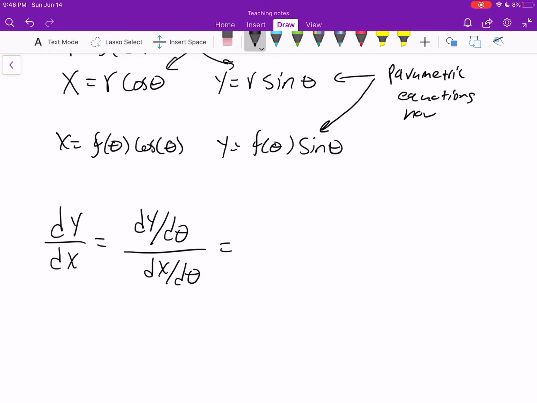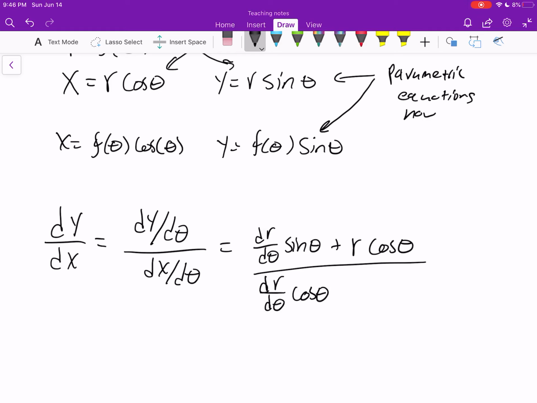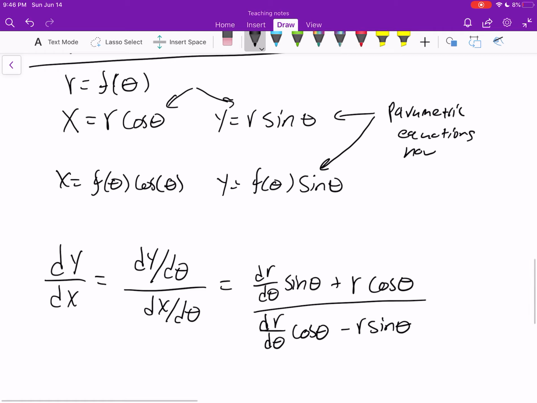So dy d theta is going to be dr d theta times sine theta plus r times cosine theta. Same thing on the bottom. x is equal to r cosine theta, so we're going to get dr d theta cosine theta minus r sine theta for the derivative. And again, you're going to have r as a function of theta.